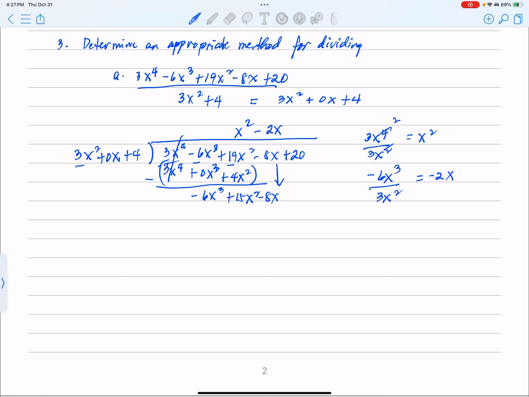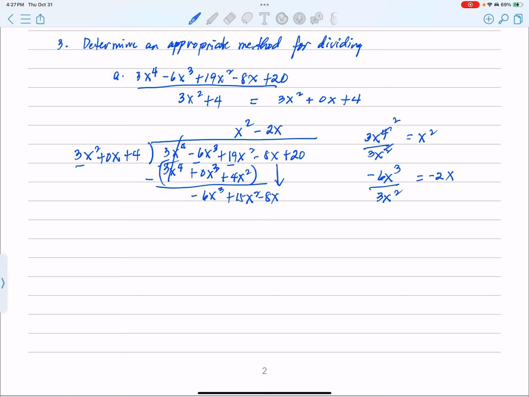5 times 3x squared, that's 15x squared. 5 times 0, that is 0x. 5 times 4, that is 20. Subtract, change the sign. Everything is cancelled out, and that is 0. So you have no remainder here.